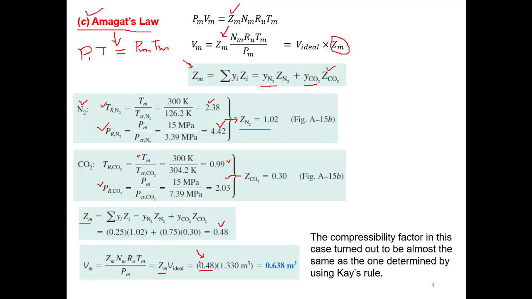That means Kay's rule and Amagat's law are very close to each other. But if we compare with the ideal gas equation, there is a huge difference for both Amagat's law as well as Kay's rule. In Kay's rule, it was about 49% of the ideal gas, whereas Amagat's law is about 48% of the ideal volume.